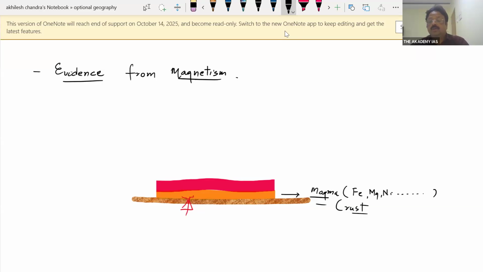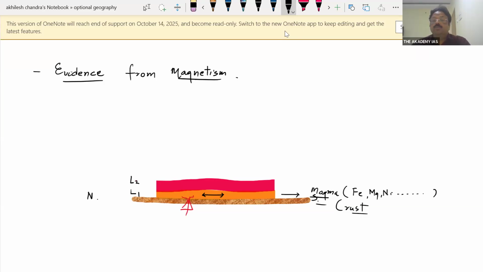So when it was in molten state, all these ferromagnetic compounds get magnetized according to the polarity of its time, North Pole and South Pole. So you'll find that there is an alignment of ferromagnetic compounds, and this alignment is according to the polarity. This is in the case of layer L1. Another layer L2 is there.